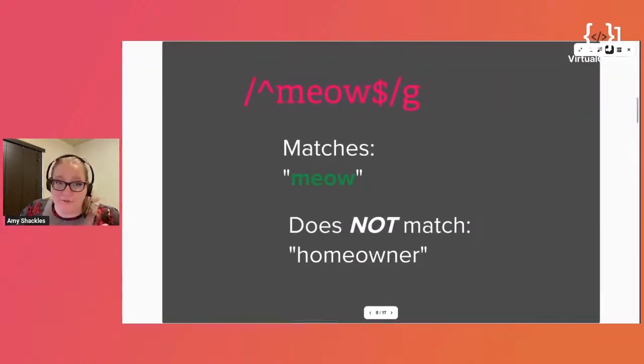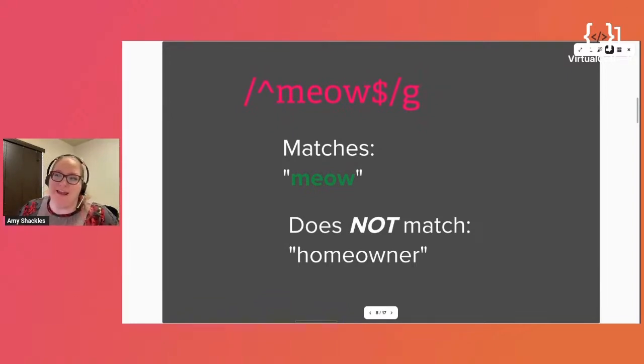The way you solve for that is to make use of regex assertions. The caret at the beginning of a pattern means that you're matching the start of the string, or in the case of a multi-line flag, the start of a line, and the $ sign at the end of the pattern means you're matching the end of the string or the end of the line.